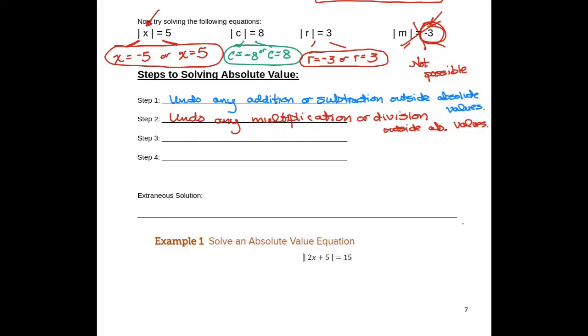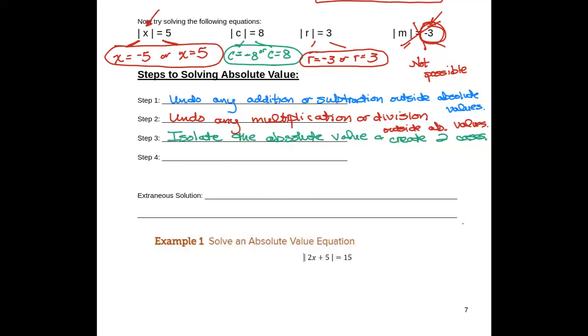Up next, you want to isolate the absolute value and create two cases. Meaning one's going to be set equal to the negative number and one's going to be set equal to the positive number.